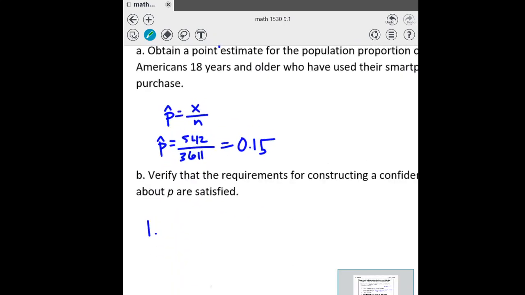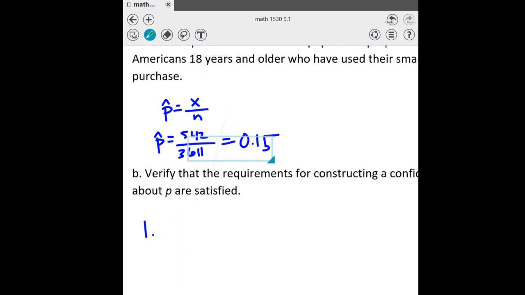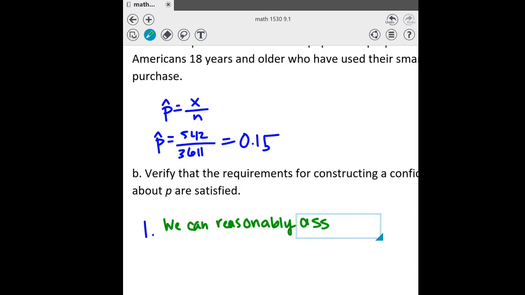So for number one, we're going to have to say we can reasonably assume it's a simple random sample.